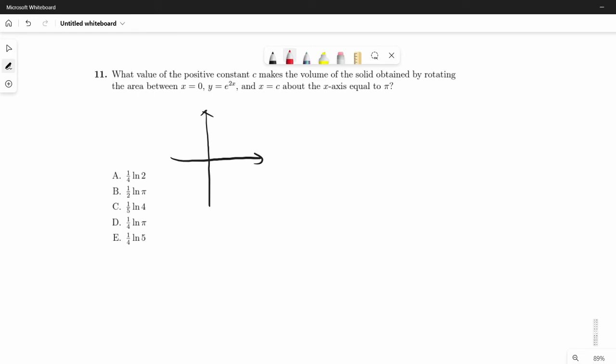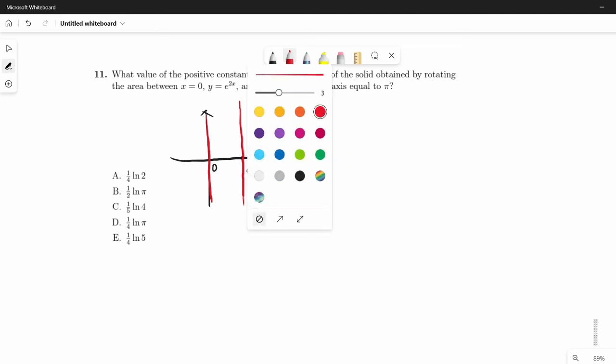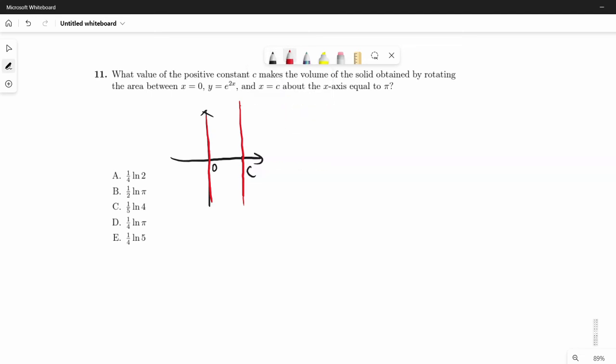So we have x equal to 0, so just the y-axis, let's label it 0. And we have a certain C right here that we don't know. This will be x equal to C. And let's make, just using red is fine, an exponential function, looking somewhat like that.